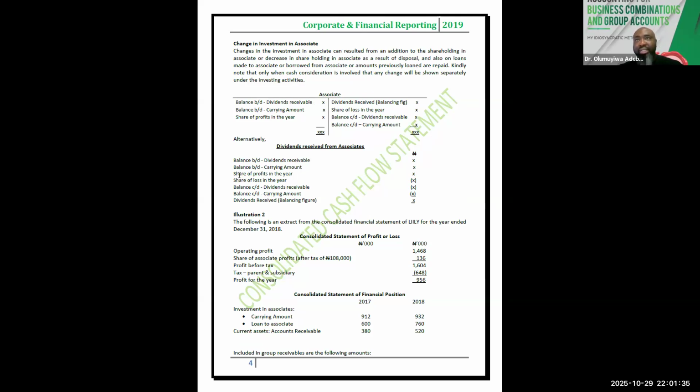And we compare that with our balance in the balance sheet to determine whether dividend has been received from an associate.